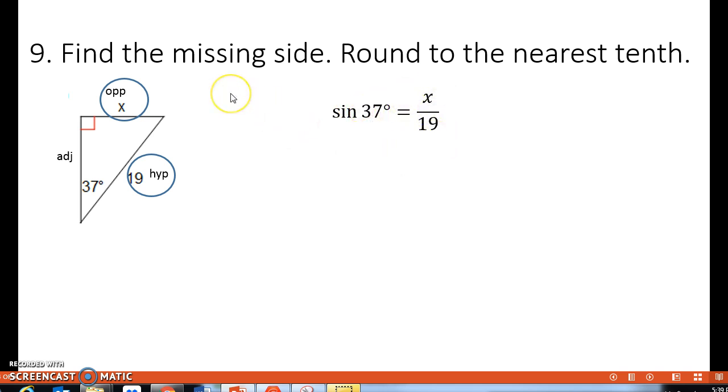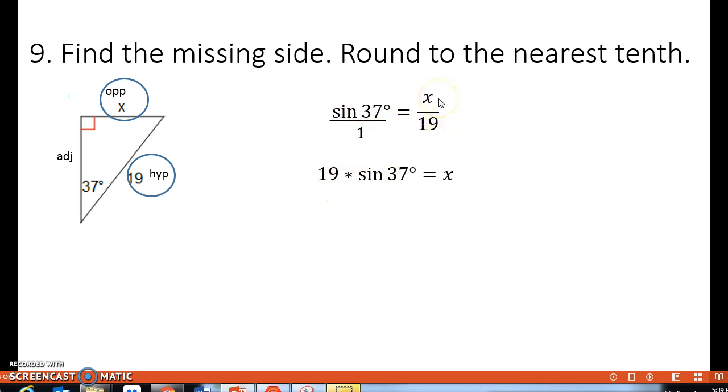Now when you're trying to find a missing side, since you know that angle, you want to go ahead and put your sine of 37 over 1. That way you have a proportion and you can cross multiply. When I cross multiply sine of 37 times 19, I can actually type that in. I go ahead and type the 19 in first, and if I can get in the habit of typing that number in first, if it's on the bottom, it's diagonal, so I multiply.